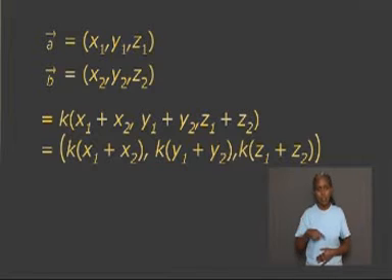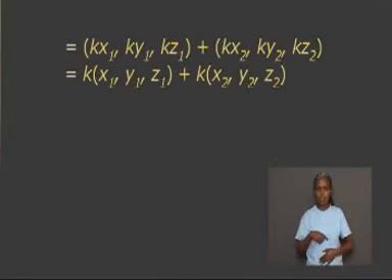We can also express our answer in this way. You see, students, this allows us to derive our scalar from the new coordinates. We can see that the result of our equation is k times x1, y1, and z1 plus k times x2, y2, and z2.